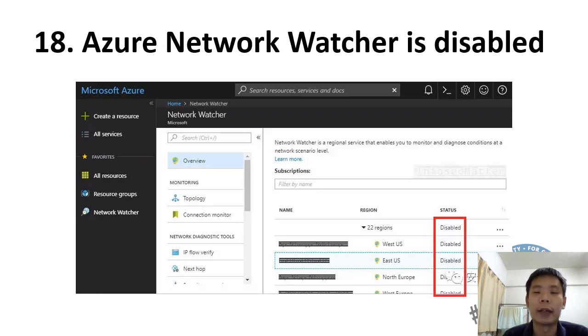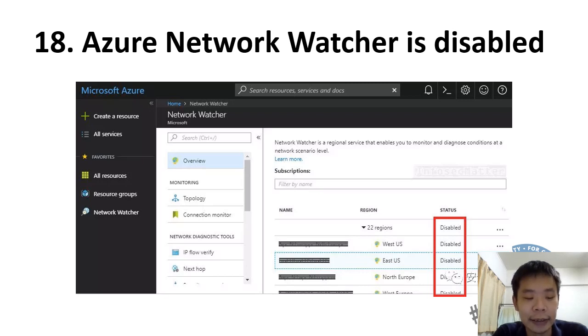Azure Network Watcher is disabled. Azure Network Watcher provides broad diagnostic and visualization tools for understanding and solving network problems in the Azure network. It also provides network flow analysis for NSG, network security group, Azure Firewall, including packet capture with specific VMs, and many other diagnostic functions.